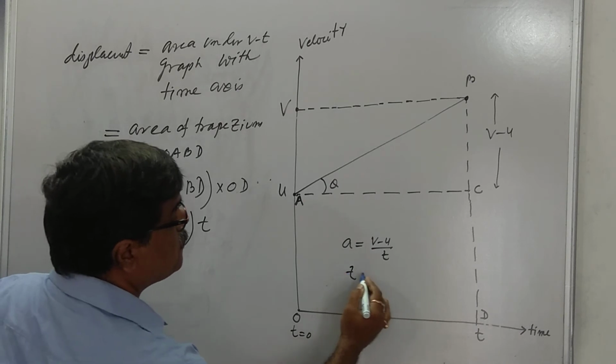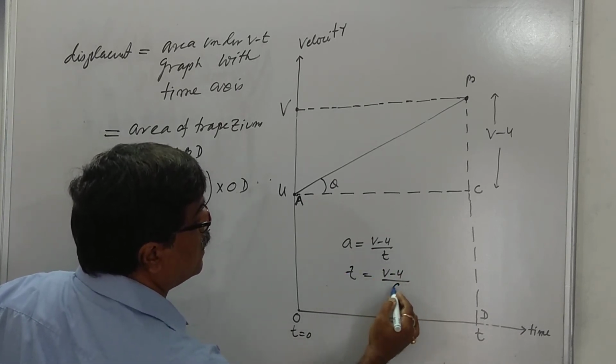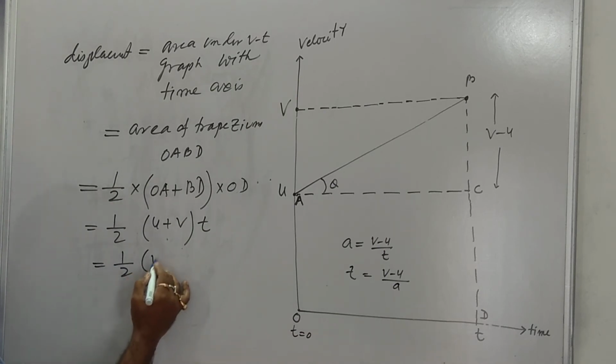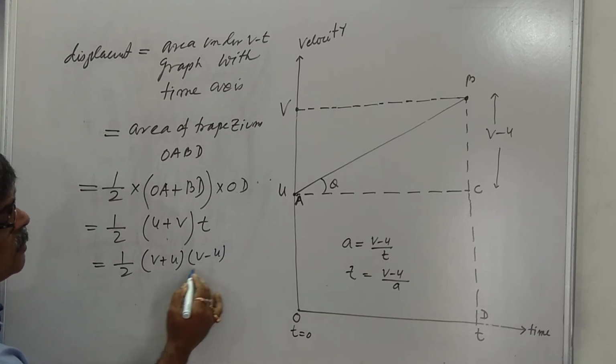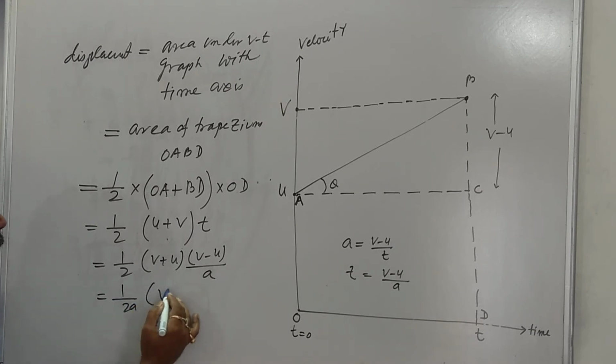Now what is time? Time is (v minus u) by a. You put it: half into (v plus u) into (v minus u) by a. Now it is 1 by twice a, and the formula becomes (v square minus u square) by 2a, using (a plus b)(a minus b).